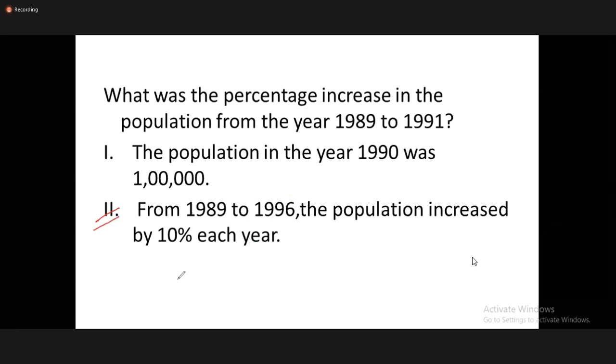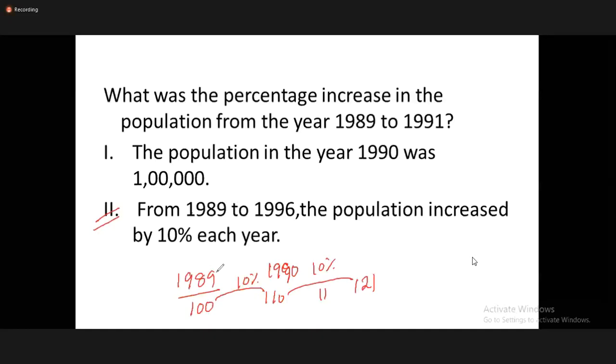So now look here. 1989, let's say the population is 100. In the first year there is an increment of 10%, so 110 in 1990. In 1991, 10% of 110 is 11, so the answer is 121.